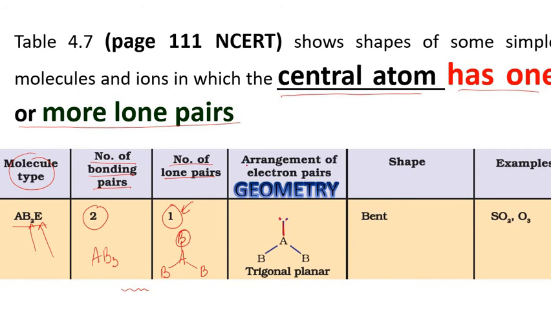So when we say arrangement of electron pairs, it includes lone pair as well as bond pair, right? And the geometry is trigonal planar.